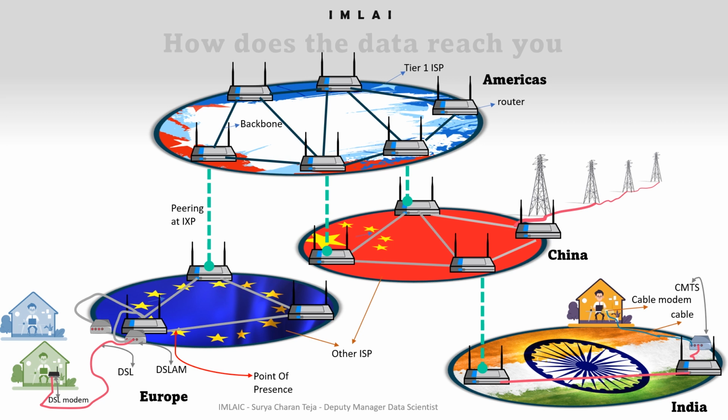Another popular way to connect to an ISP is a higher bandwidth way to use the local telephone line than to send bits over a traditional telephone call instead of a voice conversation.